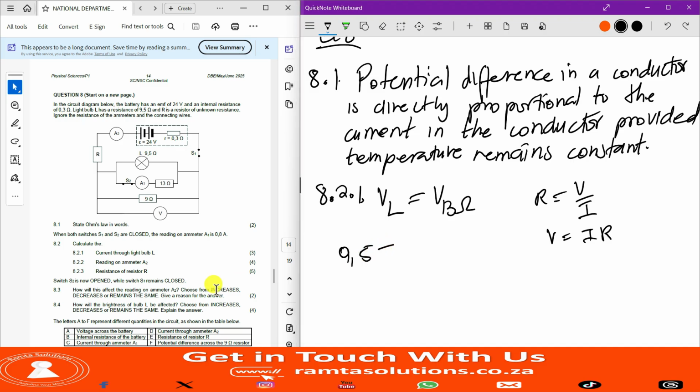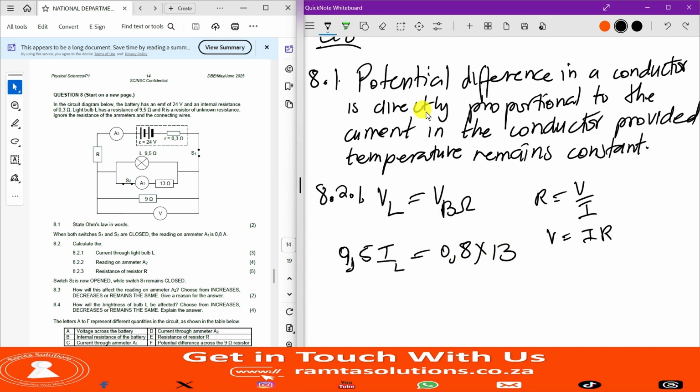Now we have 9.5 multiplied by the current through bulb L, I sub L, equals, on the 13 ohms, what is the current? They said the current there is 0.8, so 0.8 times the resistance, which is 13.